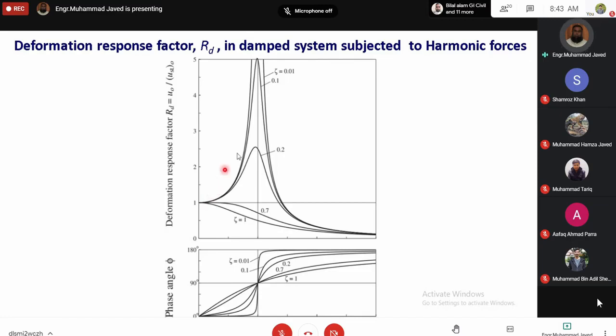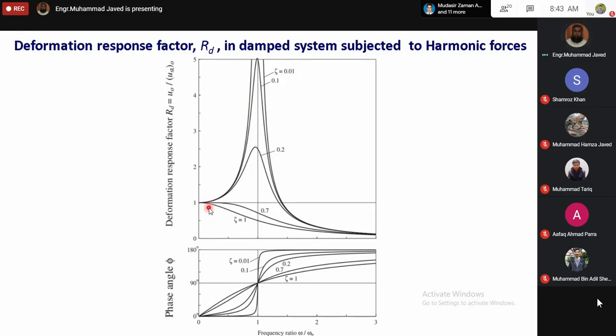और आप देखें चाहे डैम्पिंग रेशियो 0.01 है या 0.1 है या 0.2 है या 0.7 है, लेकिन तमाम के लिए R_d अप्रोक्सीमेटली 1 के बराबर है. So you can say that for small values of frequency ratio, R_d is approximately 1 and it is not affected by damping.